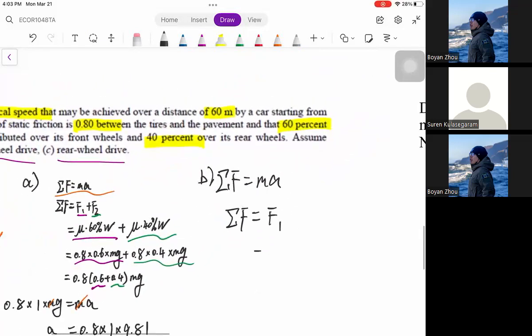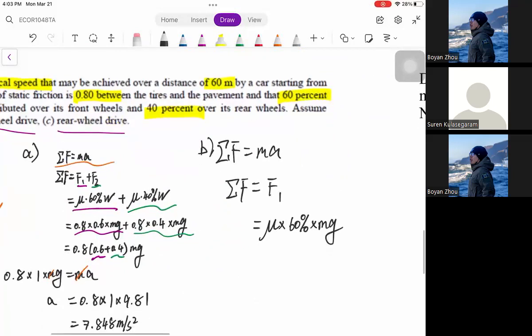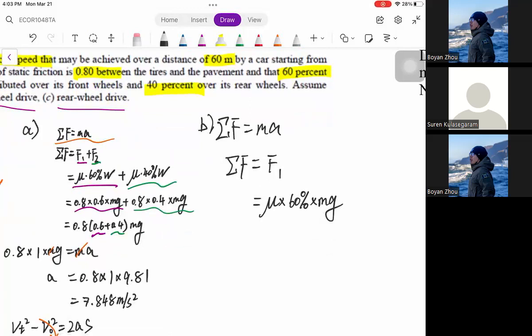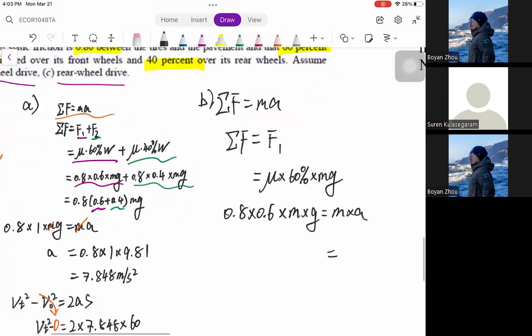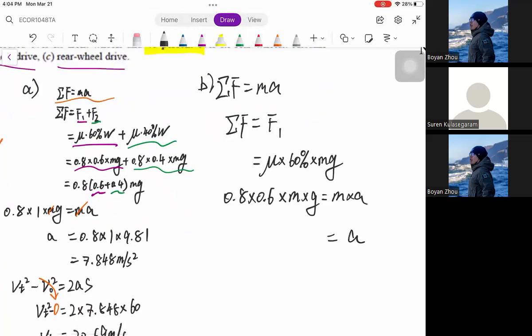And then we know F1 is equal to the friction coefficient times the 60% of the weight at the front, times mg. So we have 0.8 times 0.6 times m times g equal to m times a. In this case, the acceleration will be equal to 0.8 times 0.6 times 9.81.